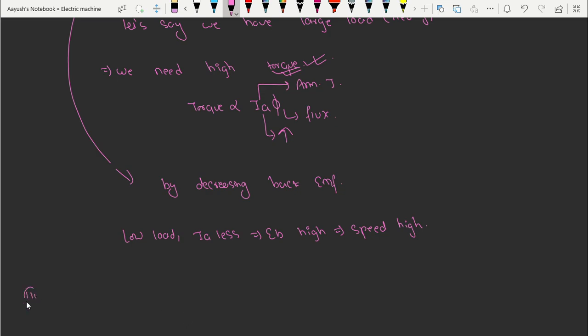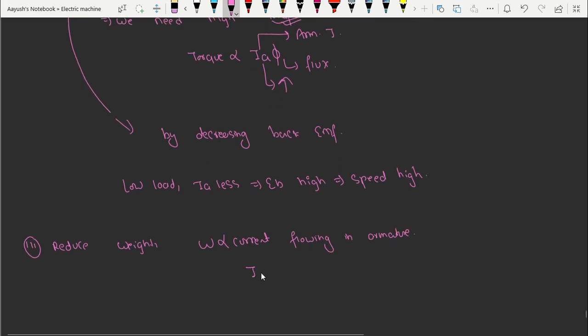Now the next importance of the back EMF is to reduce weight. As I already told you, weight is highly dependent on the current flowing in the armature. With the help of back EMF we have a low amount of current.